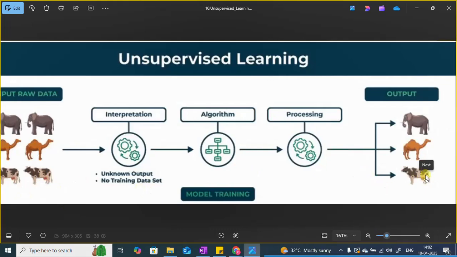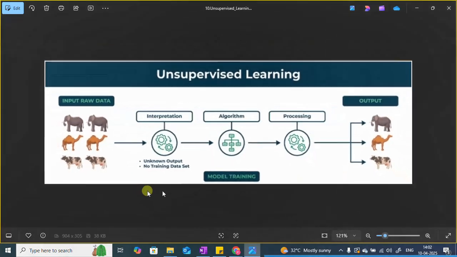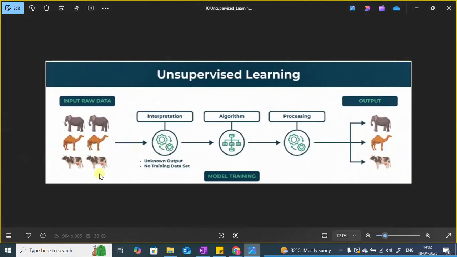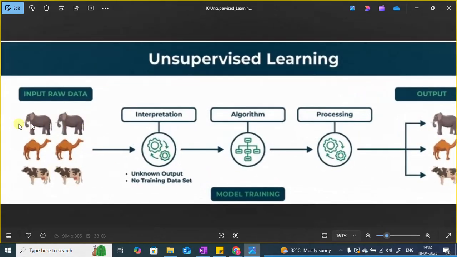But one important thing is missing here: labeling. It's not telling that this is an elephant, camel, or cow, because I did not tell my model that. It may be a goat, a cat, a tiger, whatever it may be.